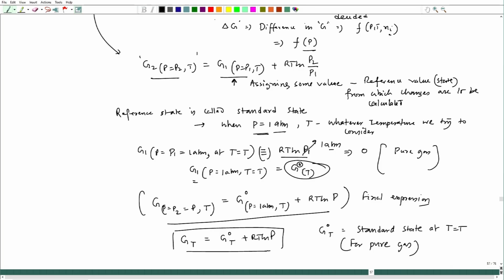Let me just give you an analogy. For example, let us say if I want to calculate the height of a person, then I take the sea level as 0 height, okay, and accordingly I can calculate the person's height, fine. So, that becomes let us say 5 feet.